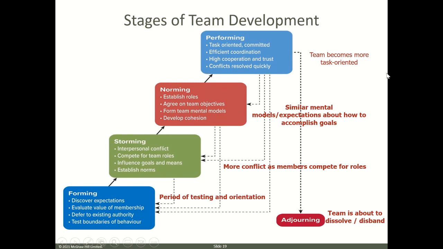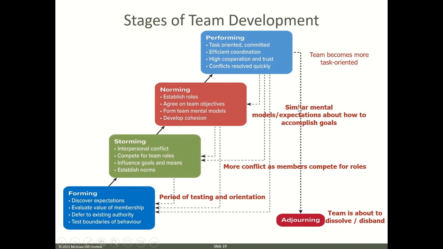If we talk about performing, the team becomes more task oriented, and efficient coordination will definitely be there, because at the beginning we have considered all the plus and minus points. There is high cooperation and trust, and conflict is resolved quickly. When there is proper cooperation and proper trust in each other, then if a conflict arises, it can be resolved quickly. How can that be resolved? Everything should be planned beforehand.